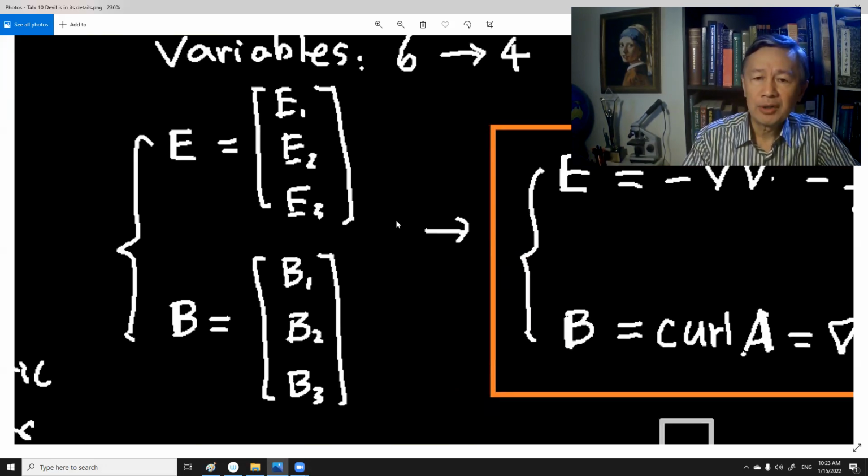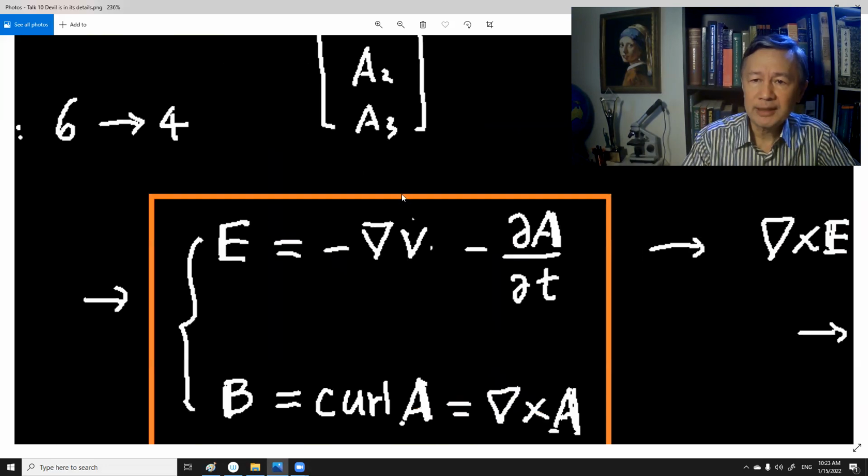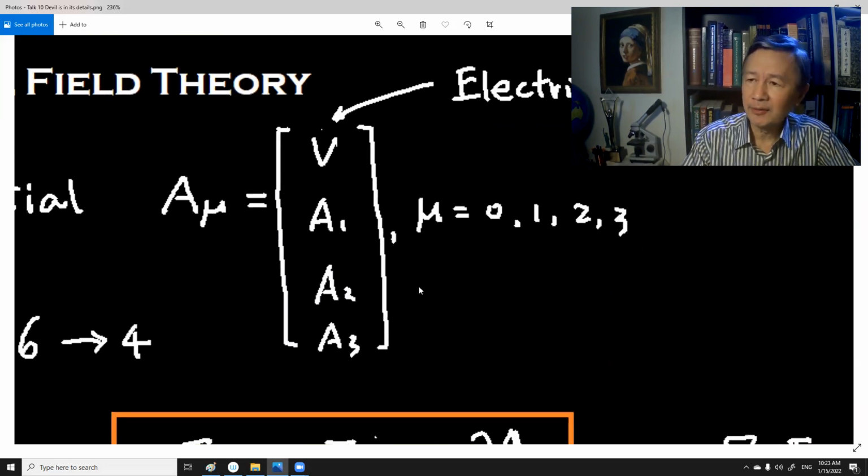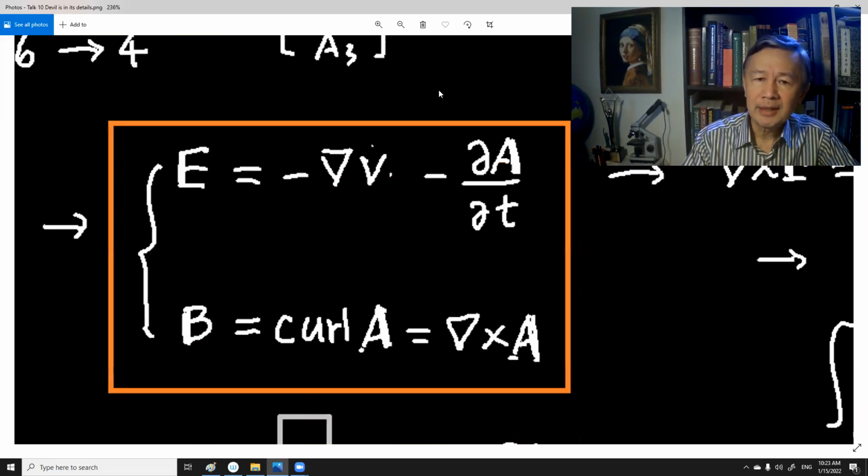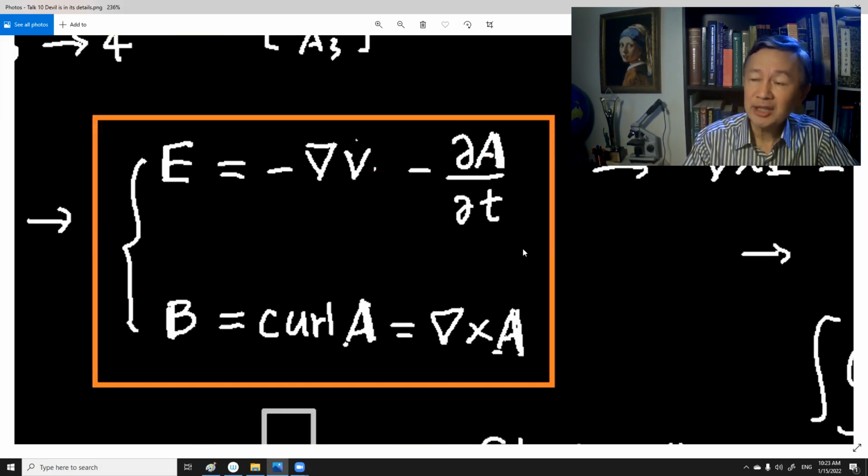Why? Because if we introduce the four-potential, then the electrical field and the magnetic field can be written as a sum of derivatives of these four-potential. So that is the main reason.